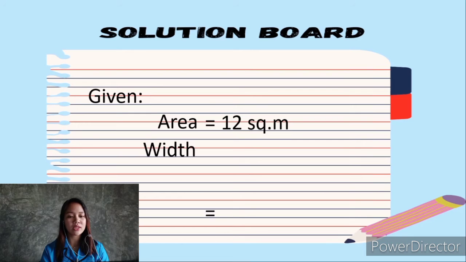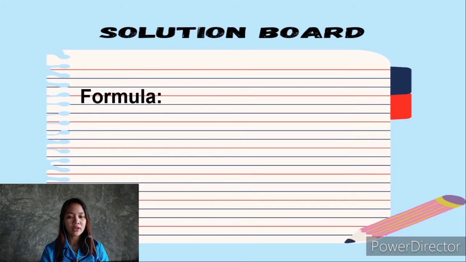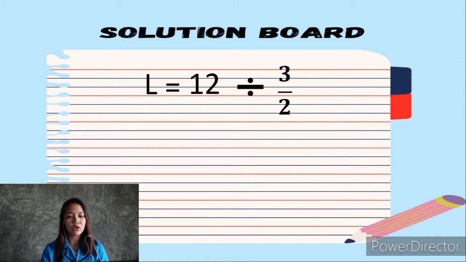The width is equals to 3/2. So, ang kailangan nating hanapin is kung ilan yung length. So, the formula is length is equals to area divided by width. So, L is equals to 12 divided by 3/2.